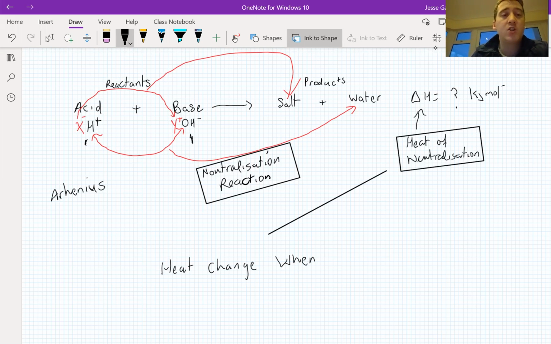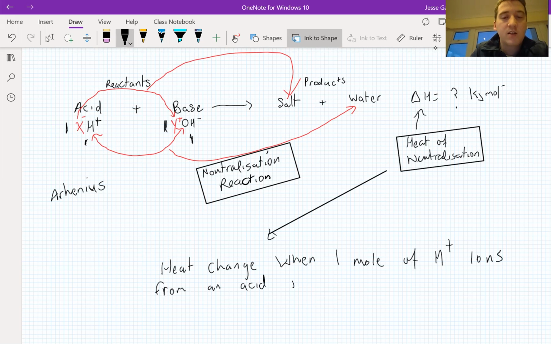We're always going to have to make sure that this is a 1 and 1 ratio. So it's the heat change when 1 mole of H plus ions from an acid reacts with 1 mole of OH minus ions from a base.